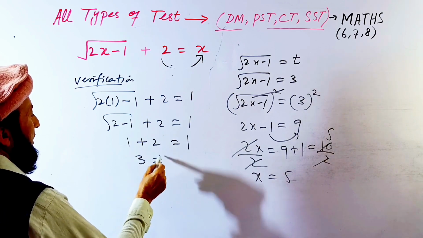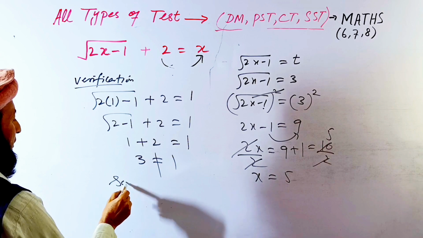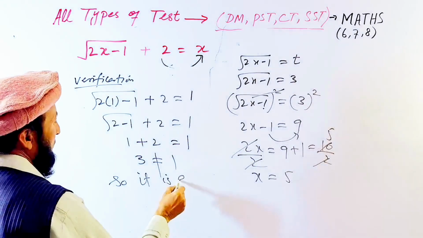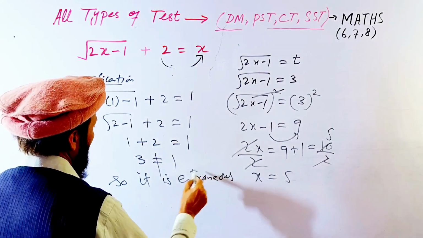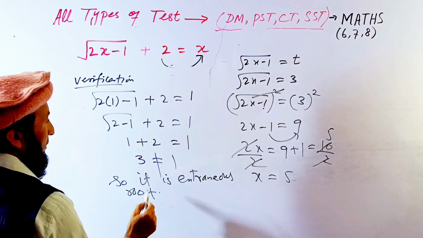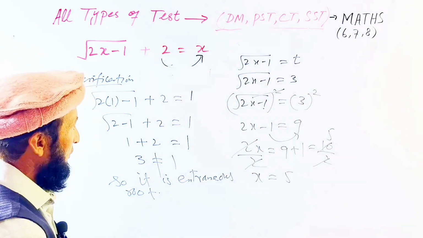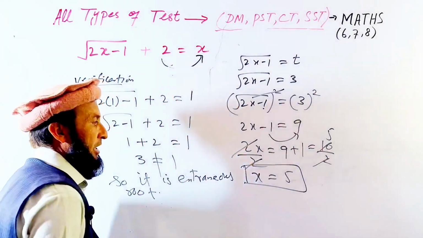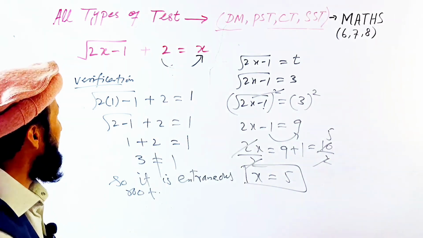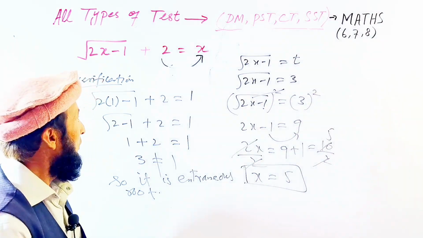Here 3 is not equal to 1. So it is an extraneous root. You can write it is an extraneous root. So our solution is x is equal to 5, because we have already done it in the first method.